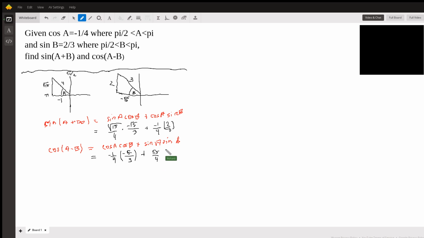Sine of B is going to be 2/3. And that's it. Just do brackets here just to make sure there are no sign mistakes, no pun intended. Let me just double check it. Negative 1 over 4, negative root 5 over 3, and then root 15 over 4, 2 over 3. Yep, so that's it. That's all there is to it.